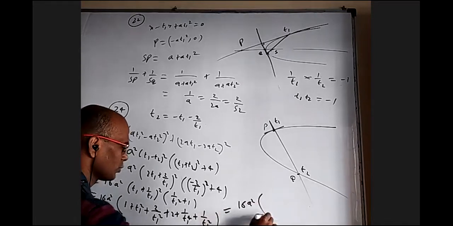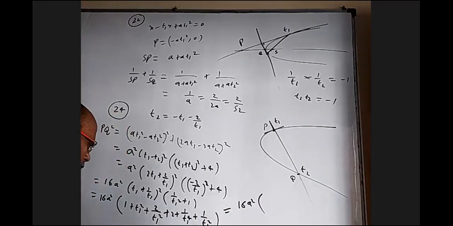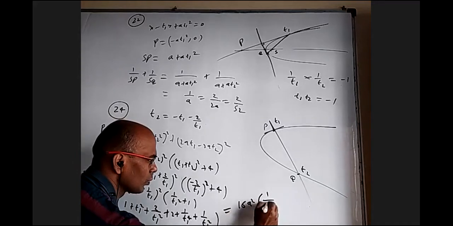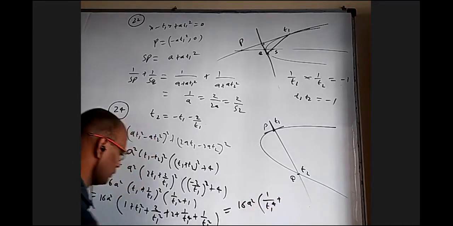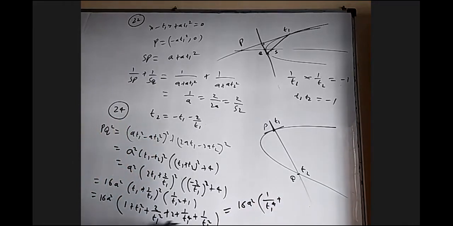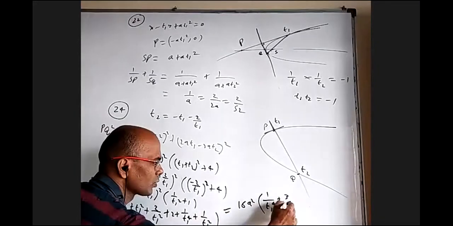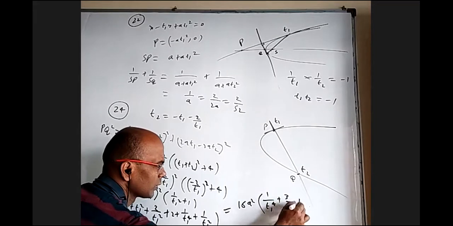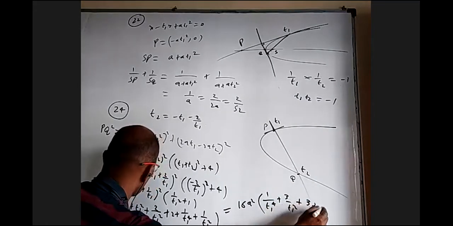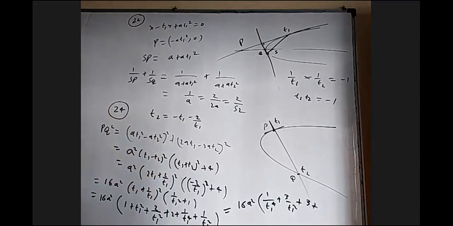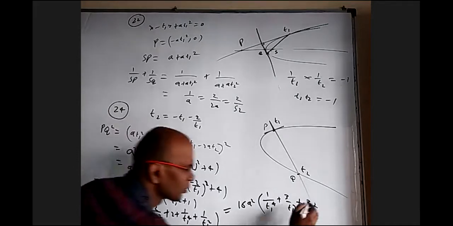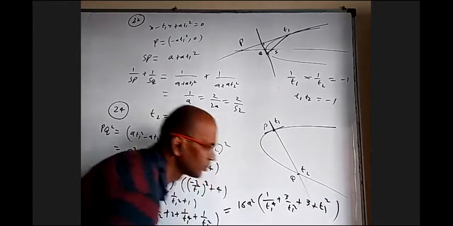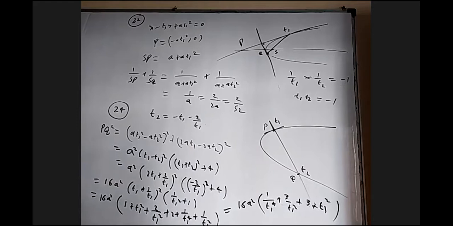16a² into (1 by T1 to the power 4 plus 3 by T1 squared plus 3 plus T1 squared). Okay, everything's fine.